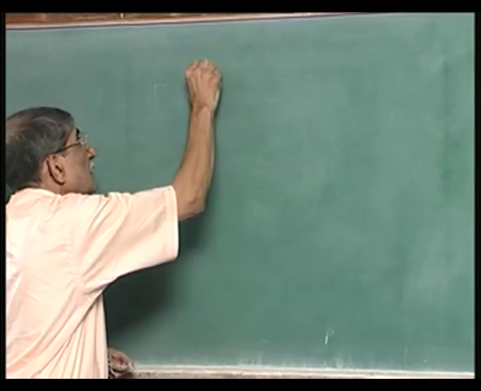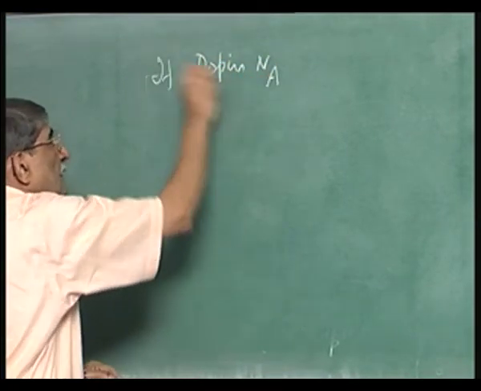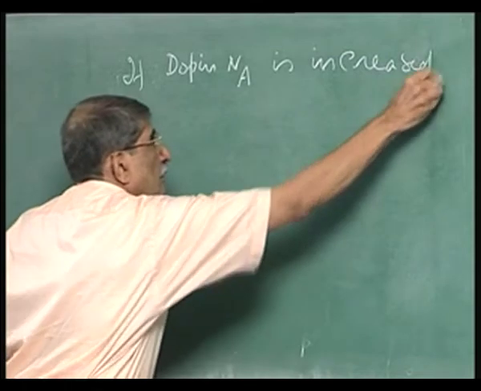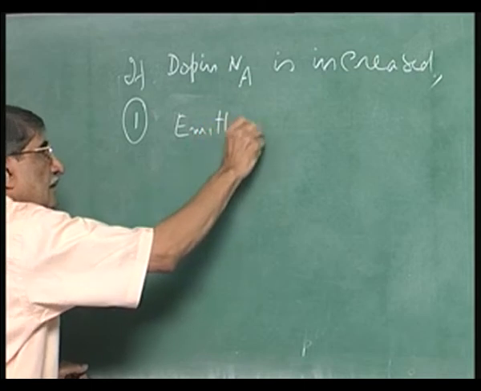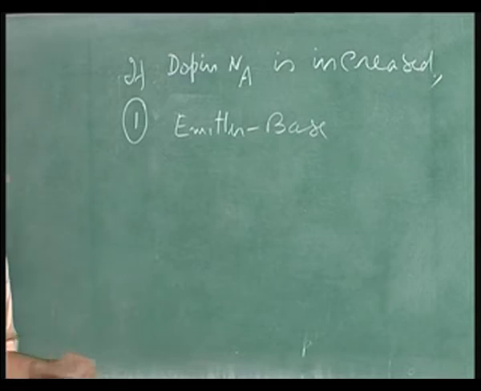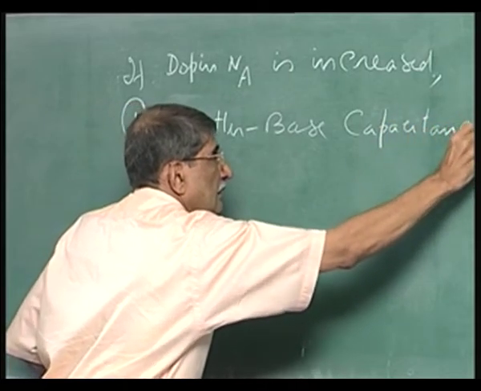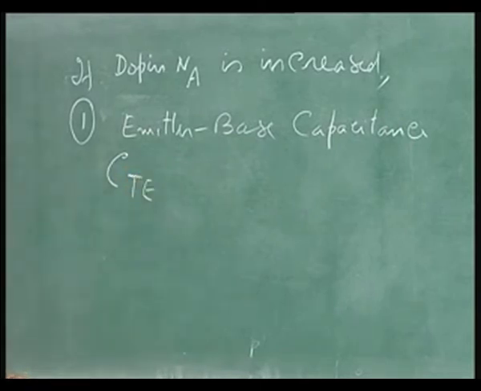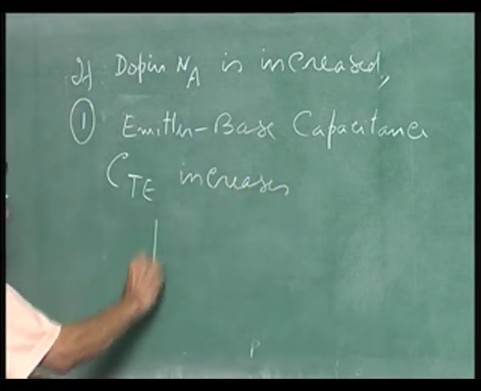One of them is doping NA is increased, one is emitter base junction capacitance, transition capacitance. CTE, I have not expanded that there. So, CTE increases. Why? Just put it here.